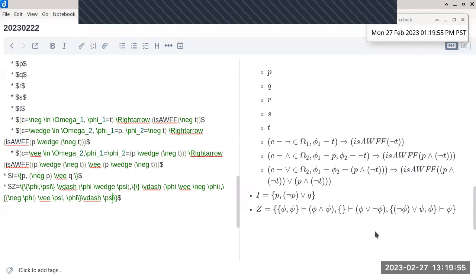And then if I make this P take the place of phi, and I take this Q to take the place of psi, then phi by itself is also known to be true and is well formed. So now I have satisfied both constraints on the left-hand side of the transformation.